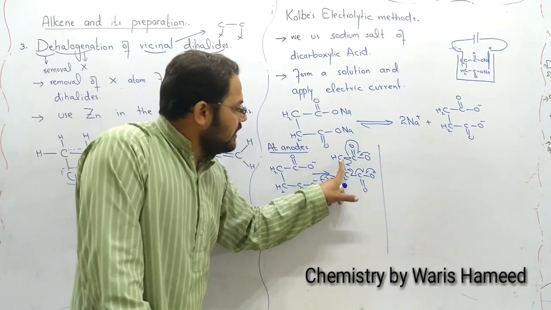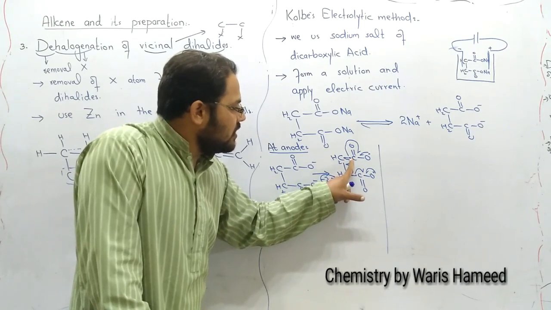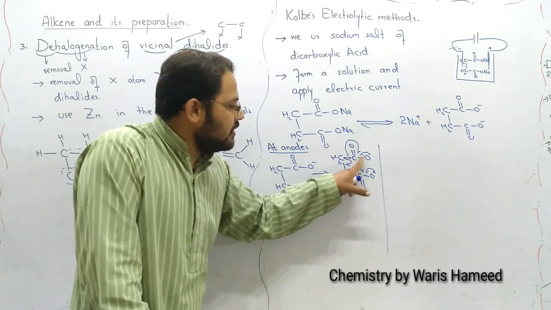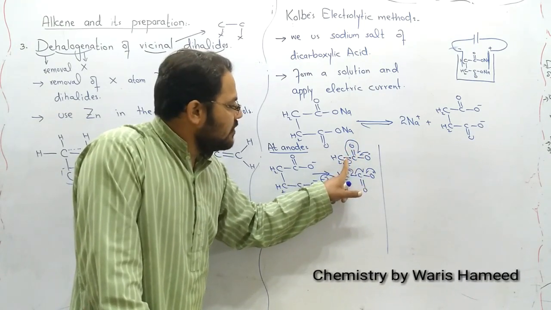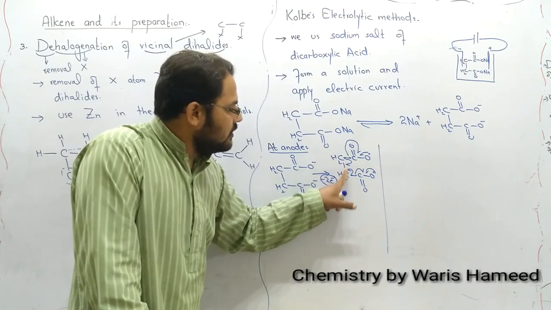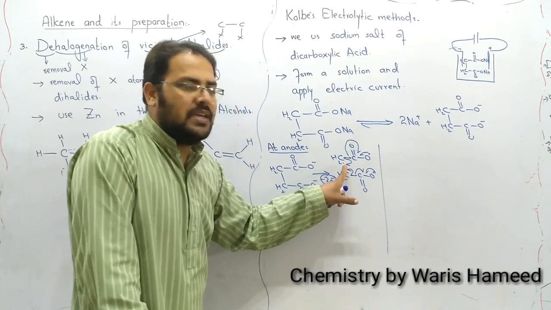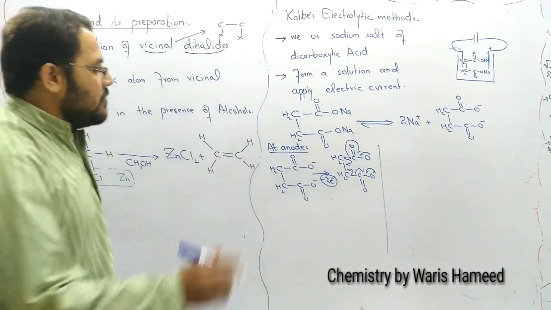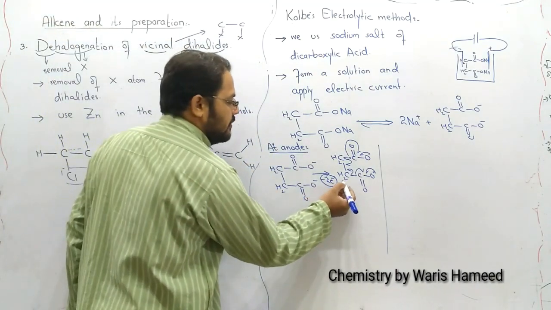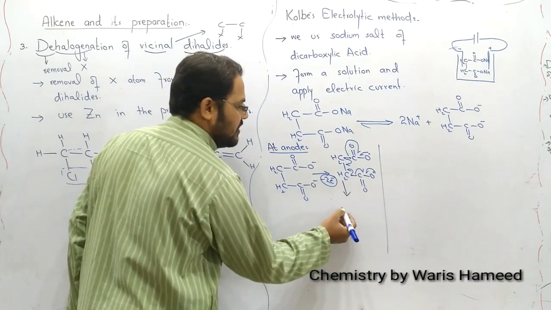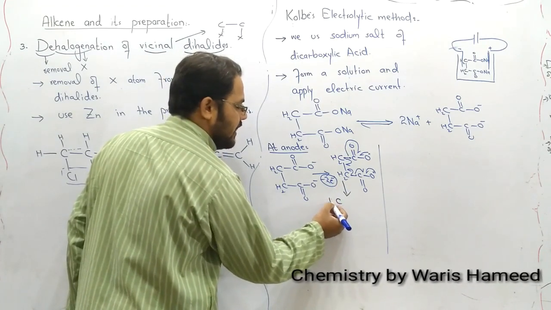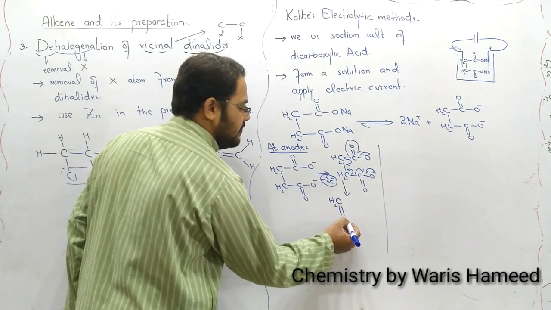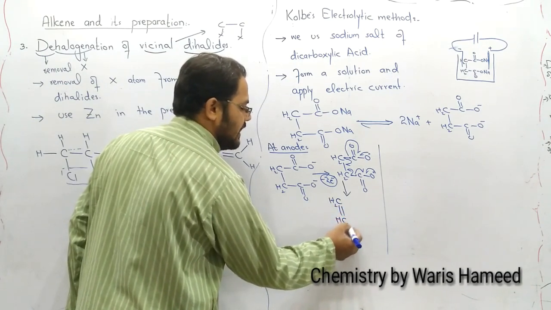In the carbon-carbon bond carrying two electrons, one electron will come toward here forming a double bond. Two molecules of carbon dioxide will be removed, and there will be the formation of the alkene, that's ethene.